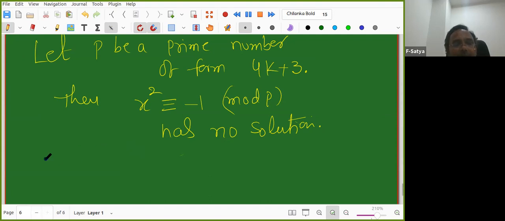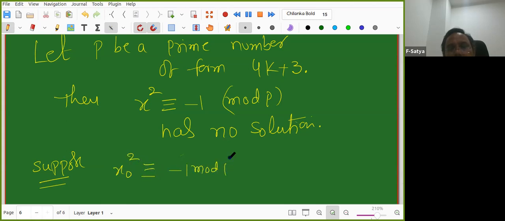Actually, suppose we prove by contradiction. See, at least from now onwards, please do not forget the proof. Suppose it has a solution. What does that mean? x naught square is congruent to minus 1 modulo p. If it has a solution, then what happens from here? Very simple proof. Raise x naught square to the power p minus 1 by 2.